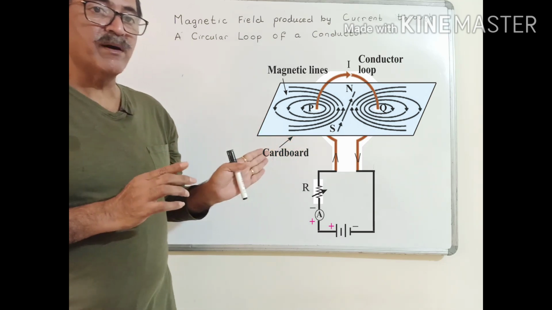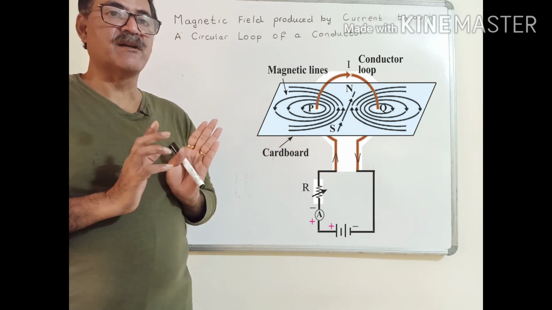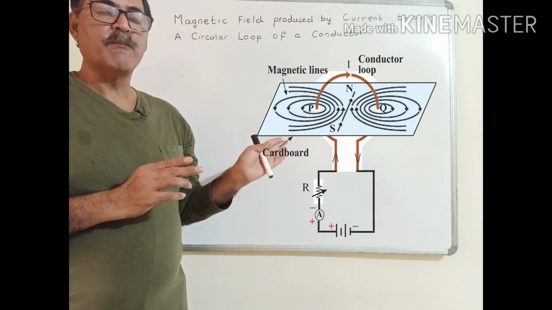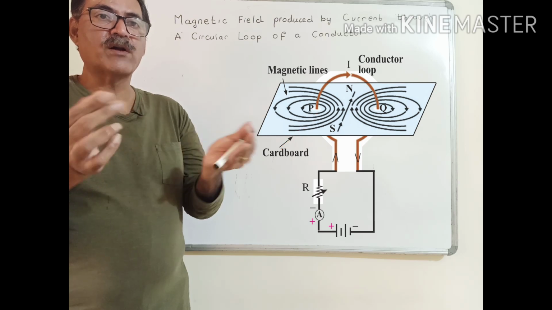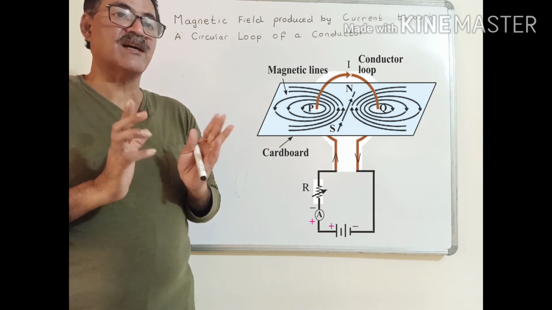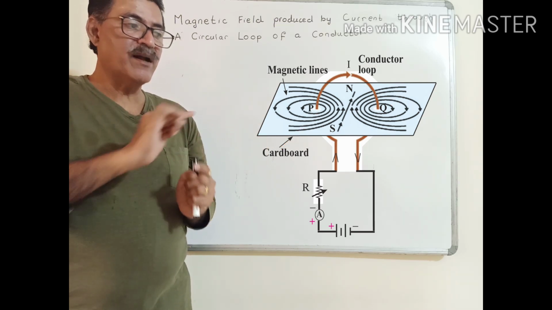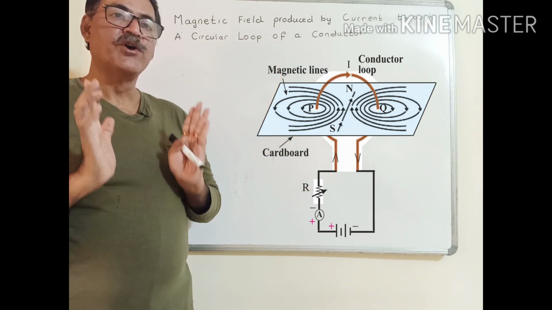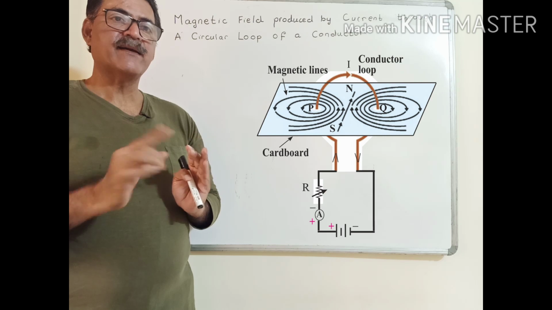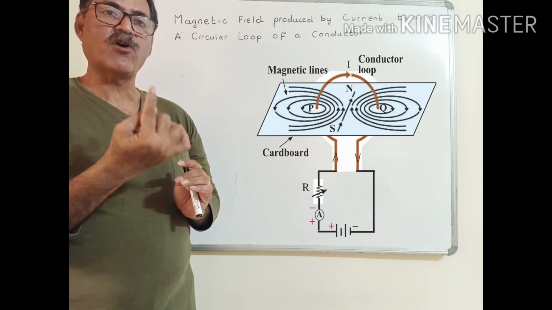Now students, remember, you are seeing these concentric circles only at the points P and Q where the cardboard or the copper wire is touching the cardboard. But please remember, on every point along that circular loop, you will find that they are in the form of concentric circles.